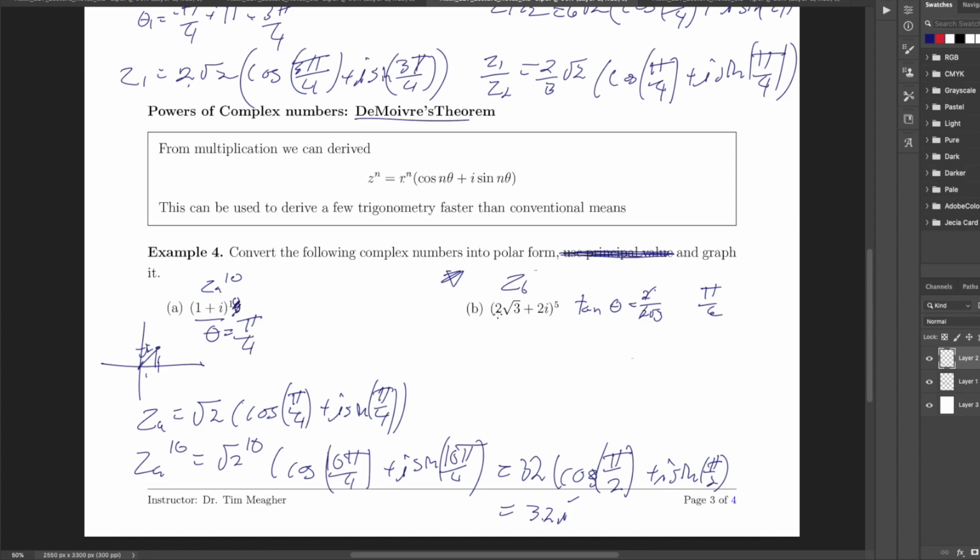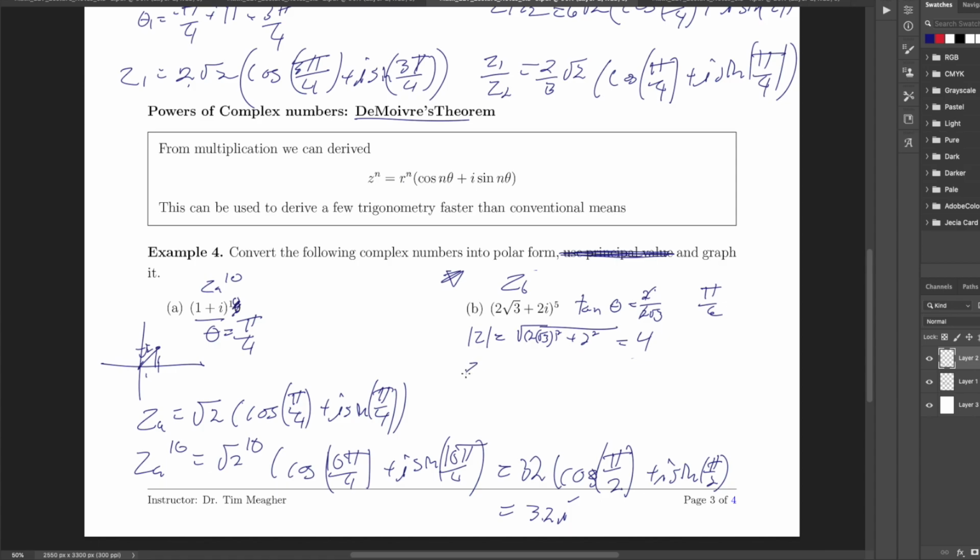Here, we'll find the modulus, so z. So z equals the square root of 2 square root 3, squared, plus 2 squared. So it'll be 4 plus 4 times 3, which gives us 12. 12 plus 4 is 16. Square root of 16 is 4.